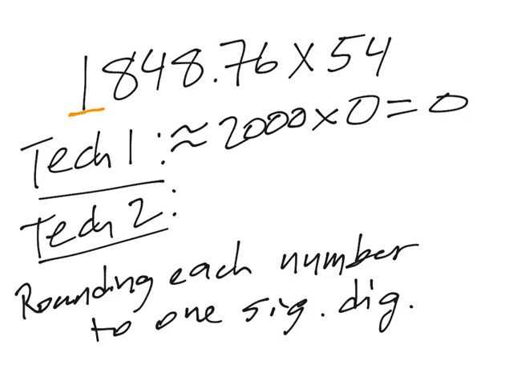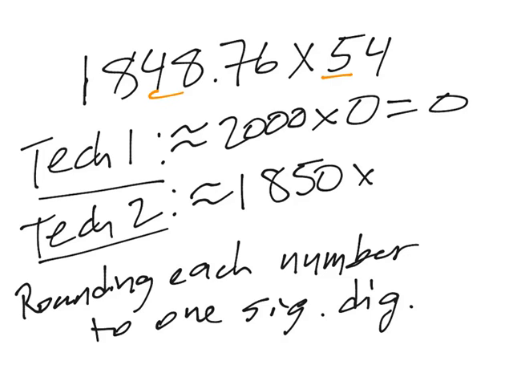Then in Technique 2, we're going to round each number to the largest place value of the smallest number. So we're going to round each number to the tens place. When I round those off, I've got 1,850, because the 8 is going to bump the 4 up to a 5. And then 54 is going to round off to 50, because the 4 is less than 5.